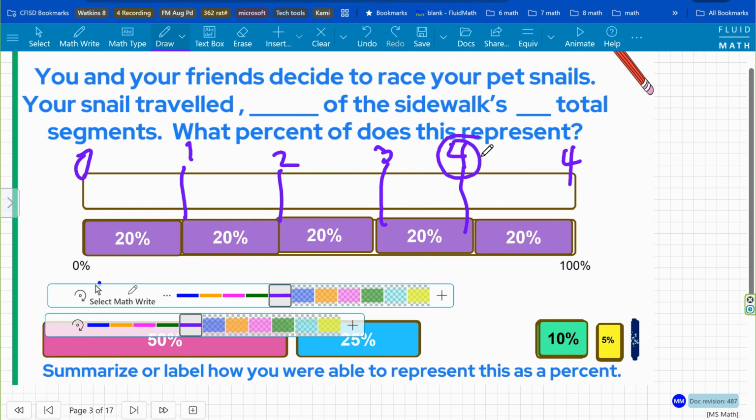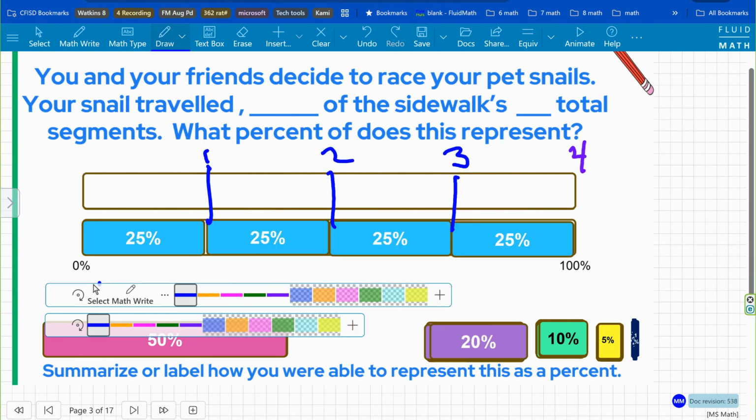Oops, there's my 4. I need my 4 to be over here. That's why I did not use the 20. Now, my little guy only went 1 segment, and I can see the correlation with the 1 segment means that my little guy went 25%.